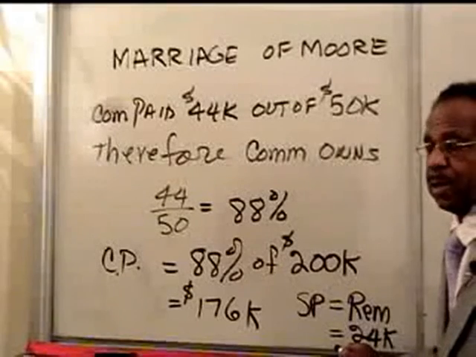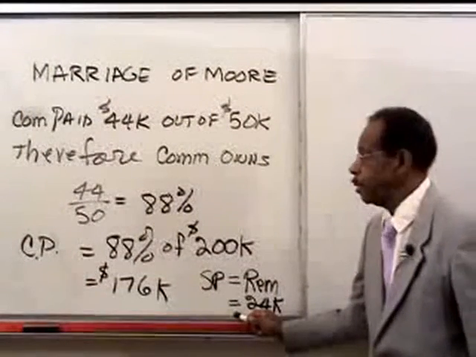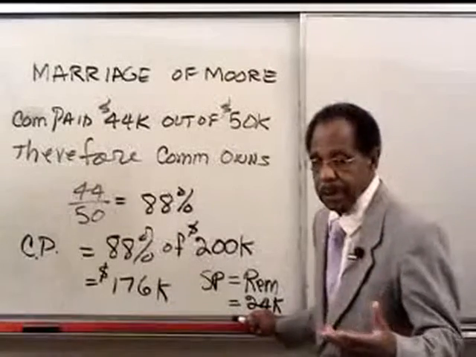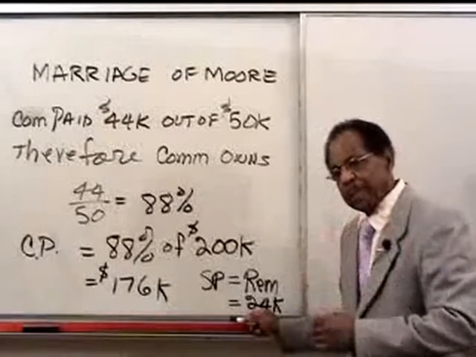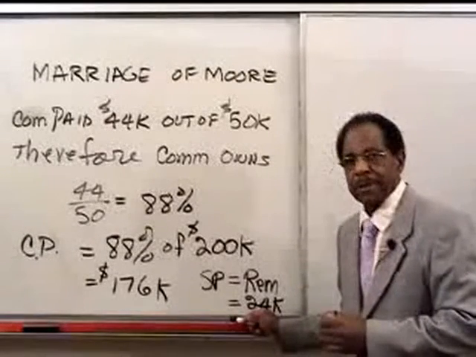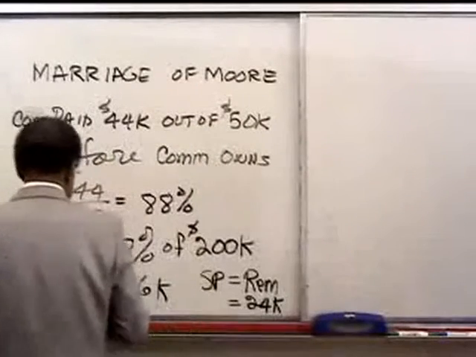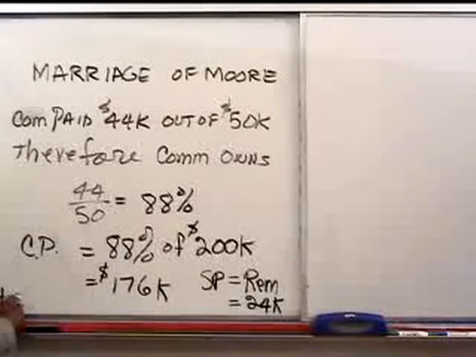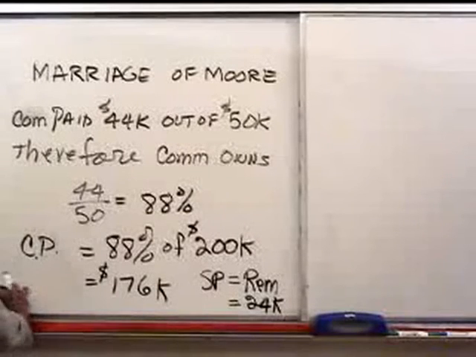In this case, it's easy to calculate because the house is fully paid for. But if the house were not fully paid for, you would still calculate how much did the community pay. And once you know how much the community paid, you know how much money you have to give half of that money to the other spouse. And so what happens here is that H gets, W is the one you got to pay off here.